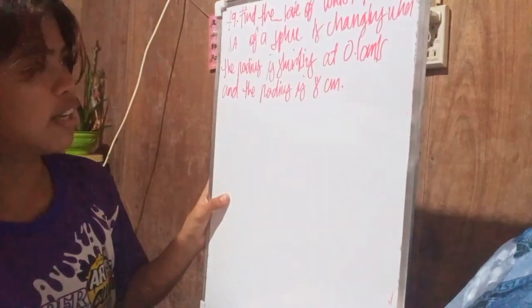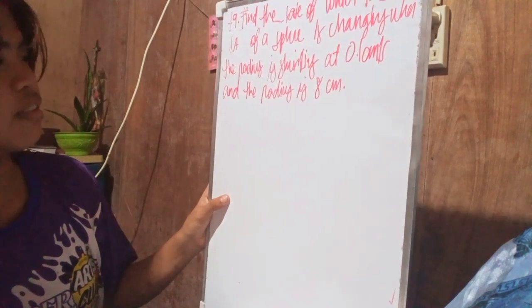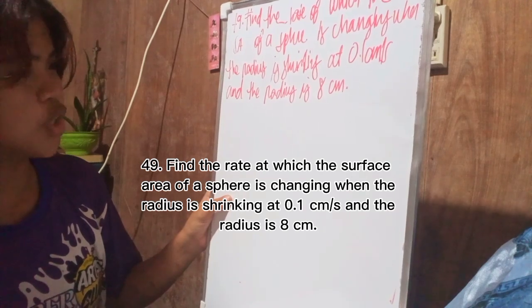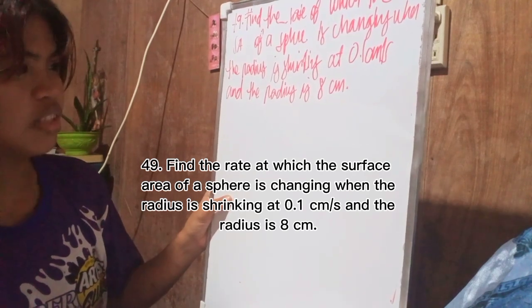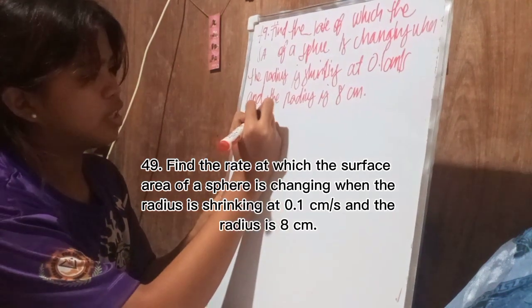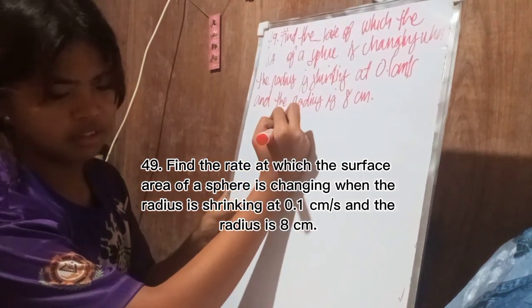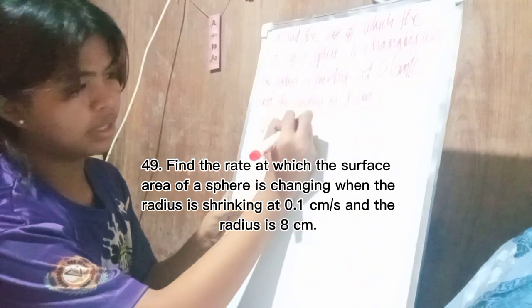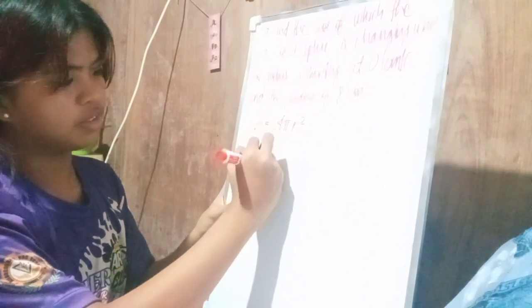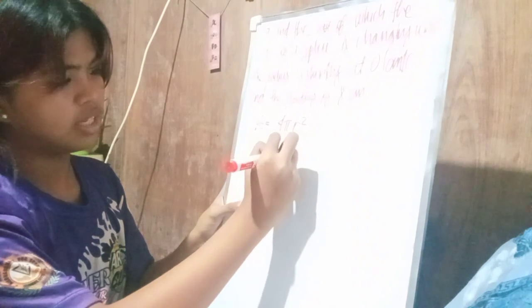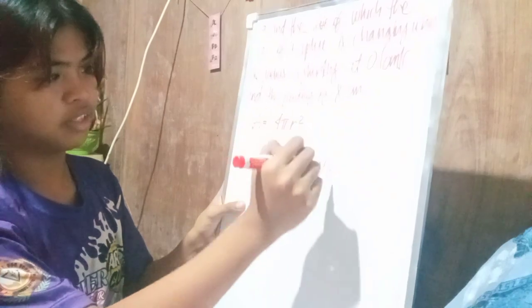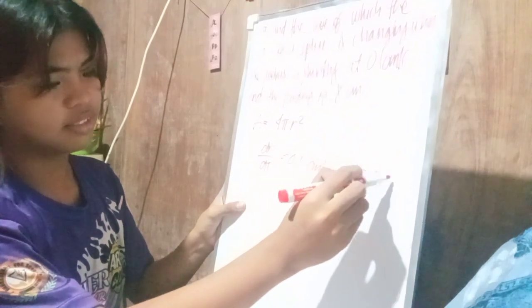So, 49. Find the rate at which the surface area of a sphere is changing when the radius is shrinking at 0.1 cm per second and the radius is 8 cm. So, we're gonna use the formula of area, which is 4 pi r squared. So, we have dr over dt equal to negative 0.1 centimeter per second and a radius of 8 centimeter.